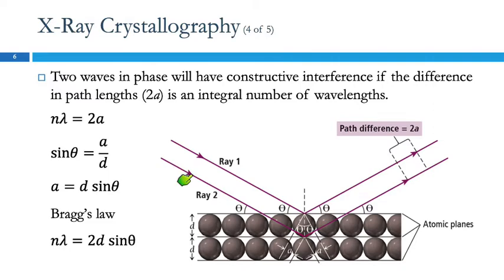So here we have two rays or waves that are in phase, okay? And passing between the atoms causes them to bend, right? And the path difference here, from here to here, this one wave goes this much farther than the other because it does this part.